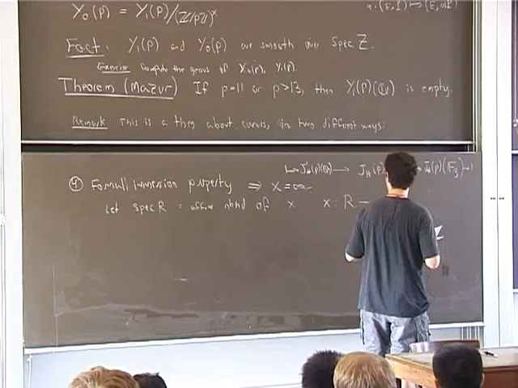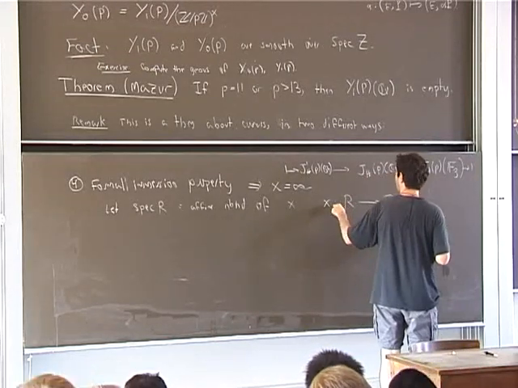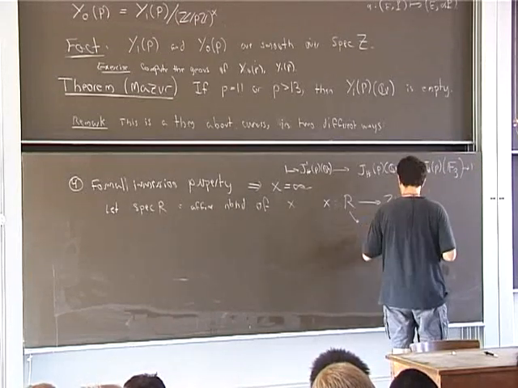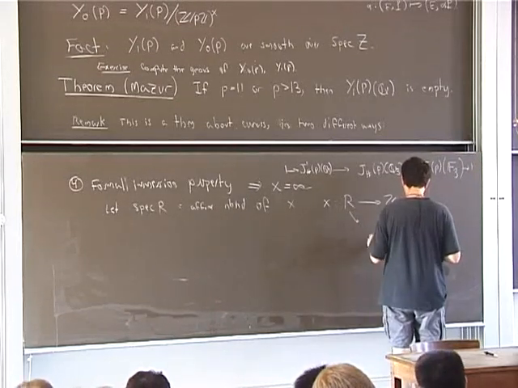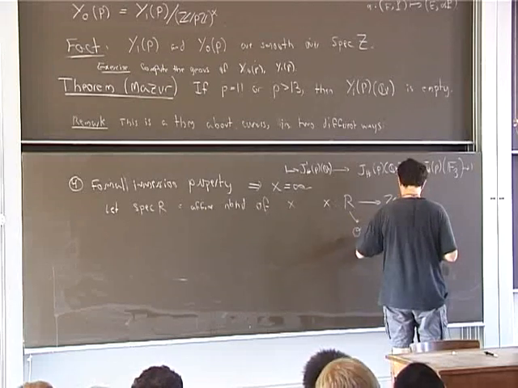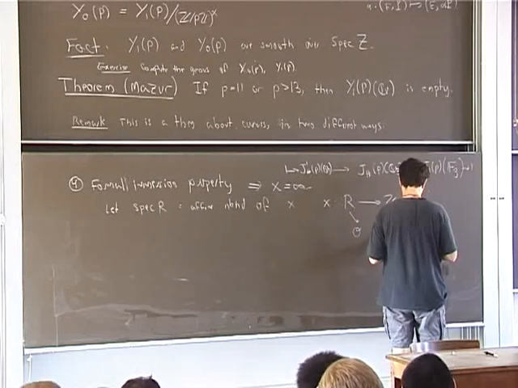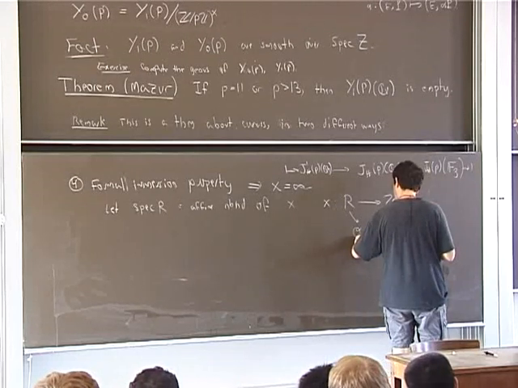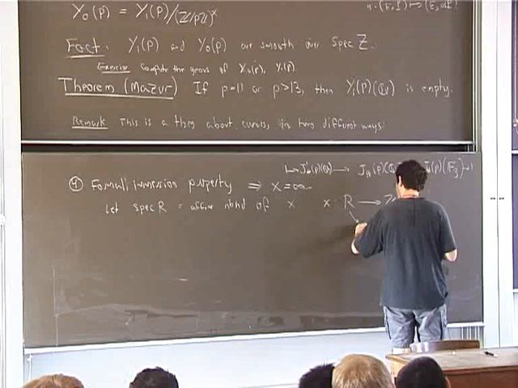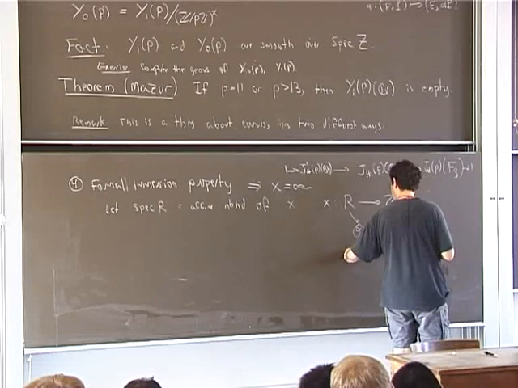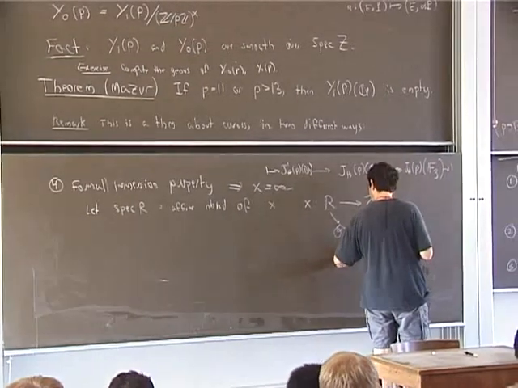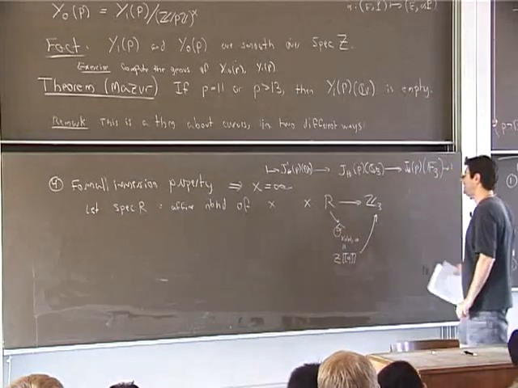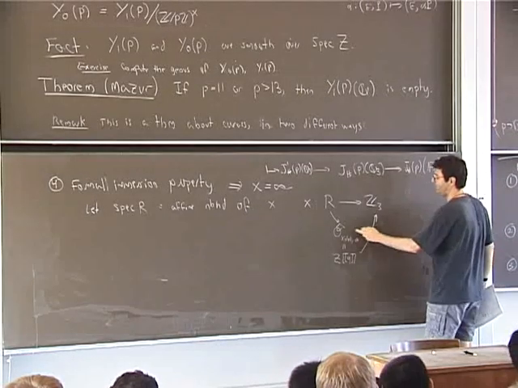Now, because x mod 3 specializes to infinity, this morphism factors through the formal completion. This completed local ring, which I mentioned before, the completed local ring of X_0(p) at infinity, is identified with Z double bracket Q. So it factors through this formal completion.